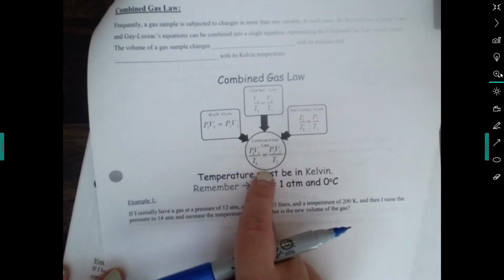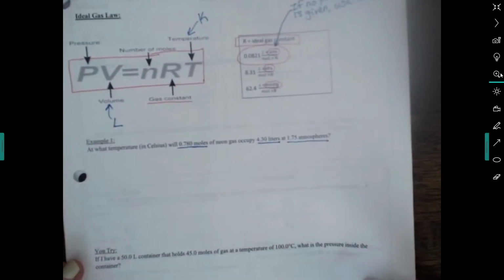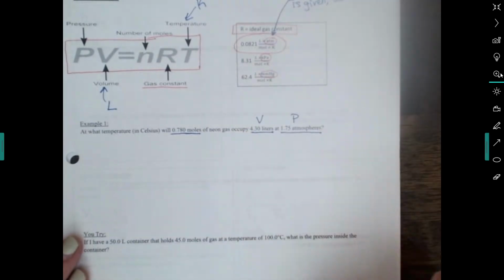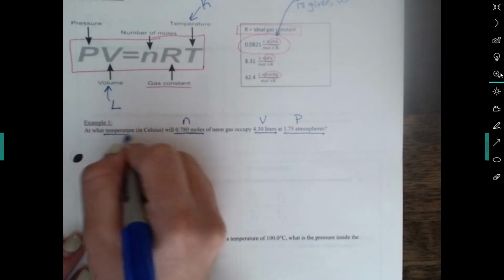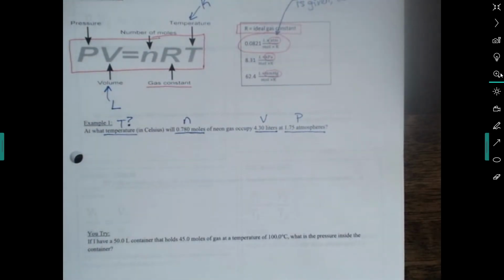This one, there's only one of each. You're given one pressure, one volume, one number of moles, which is n, and you're trying to figure out the temperature. That's how you can tell on a test that you're getting a PV equals nRT problem: you're only going to have one of each variable.